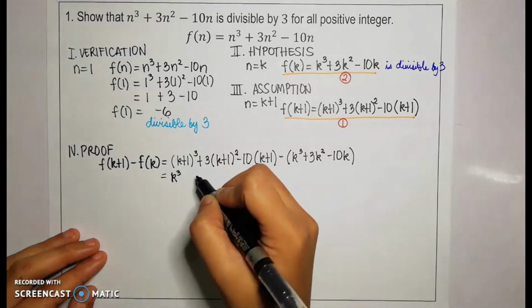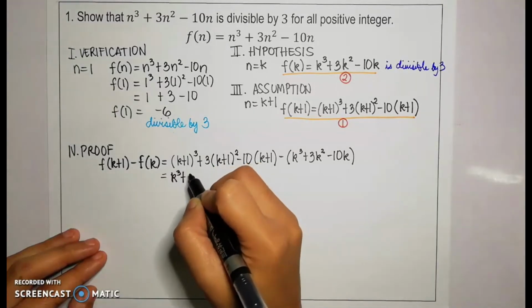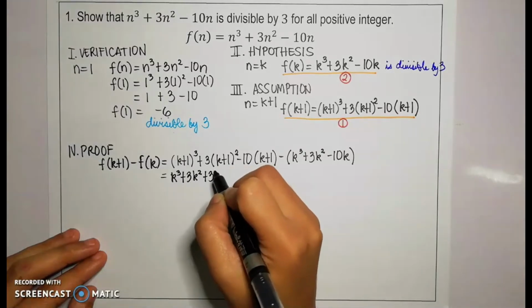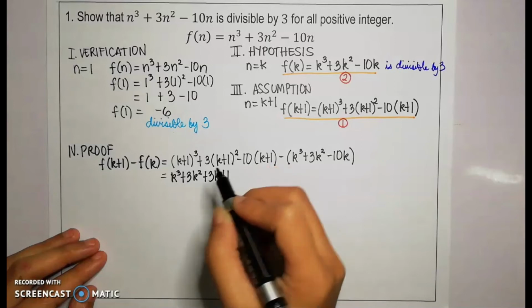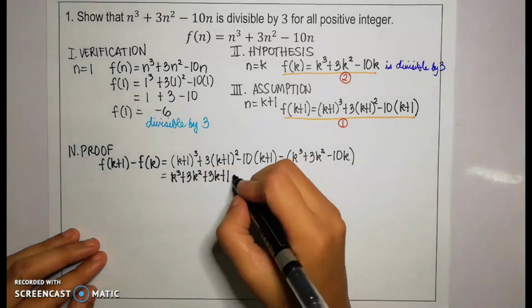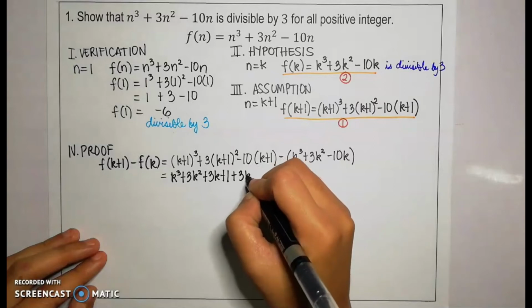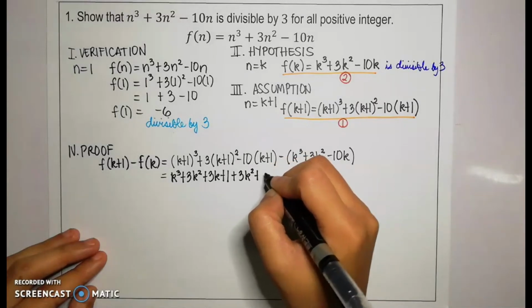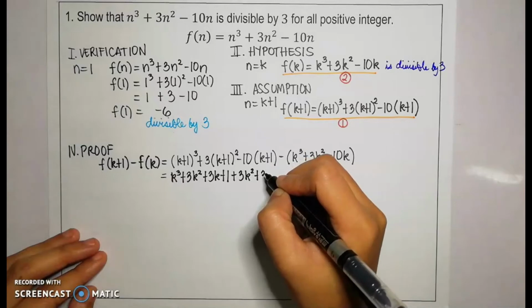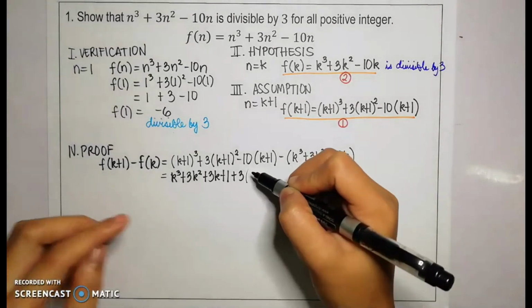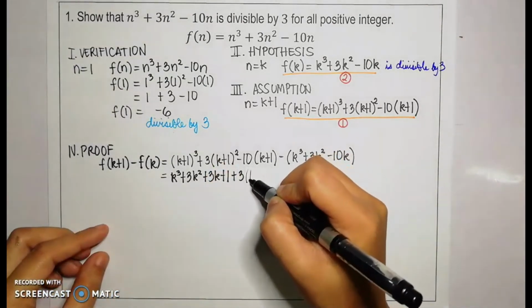So we have k cubed plus 3k squared plus 3k plus 1. Okay, wait. Let's do this step by step.